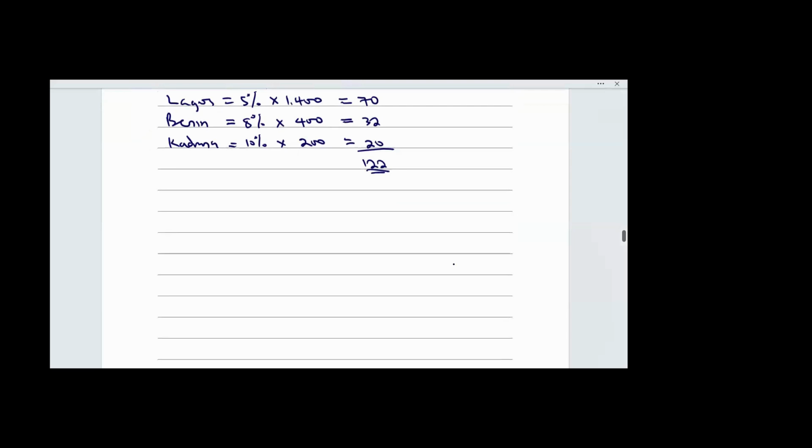So working number two, fixed overhead apportionment. Now, we are given fixed overhead of 400,000 naira.